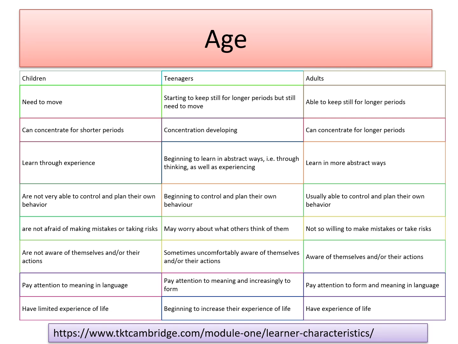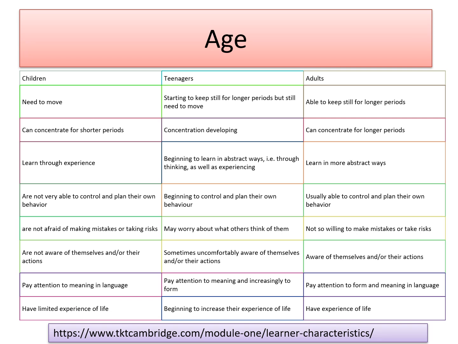They need real examples, need to do things in order to learn, need to see examples in order to learn, are not very able to control and plan their own behavior because they are still learning, are not afraid of making mistakes or taking risks, because they are still learning and building concepts.